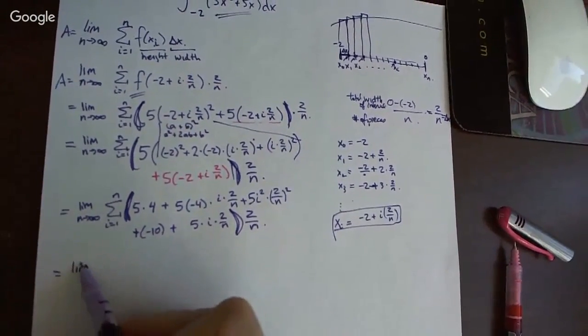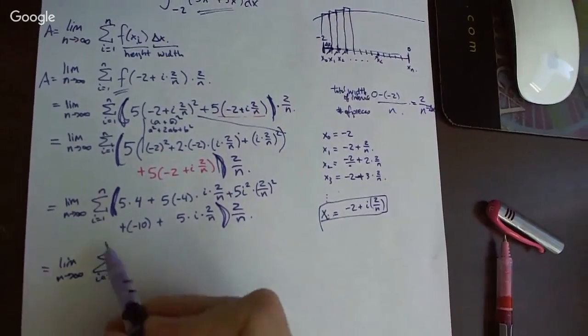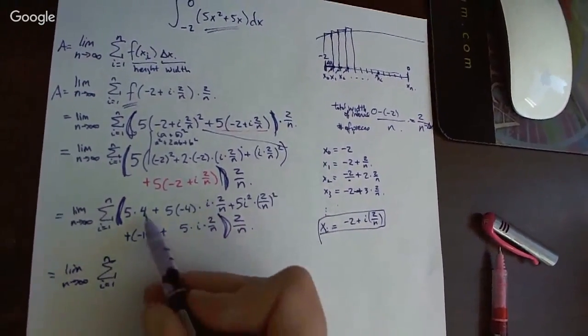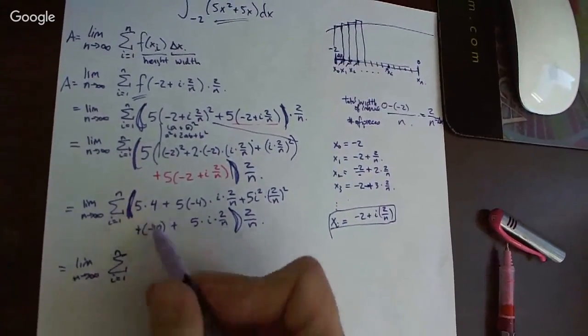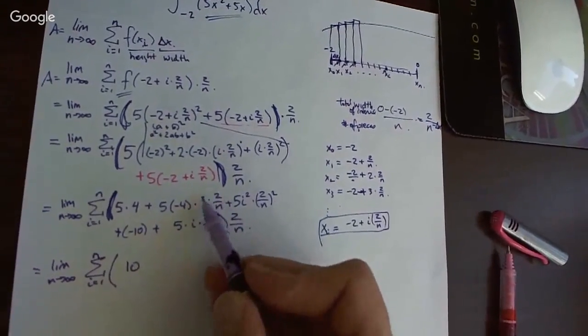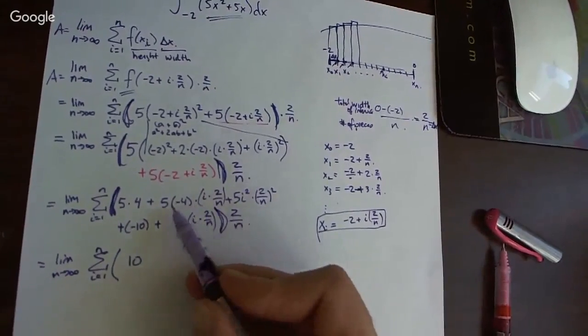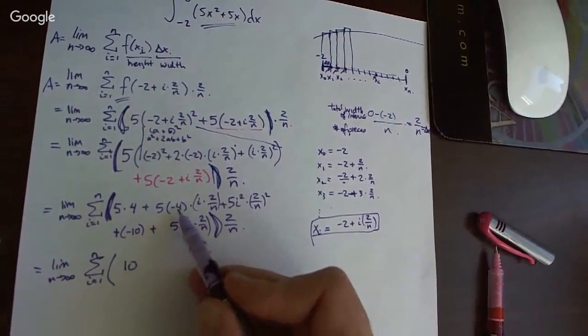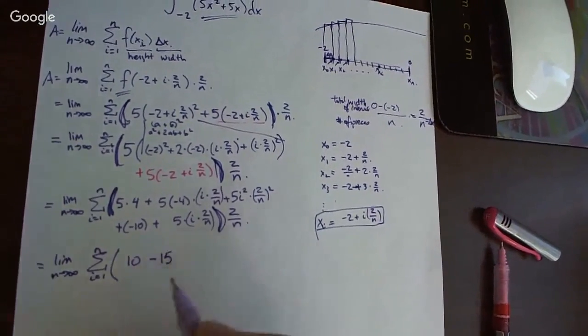So limit as n goes to infinity, sum i goes from 1 to n. Let's simplify what's inside first. So 5 times 4 is 20. 20 minus 10 is 10. Now what's multiplied by i times 2 over n? Well, 5 times negative 4 is negative 20. Plus 5 is negative 15.